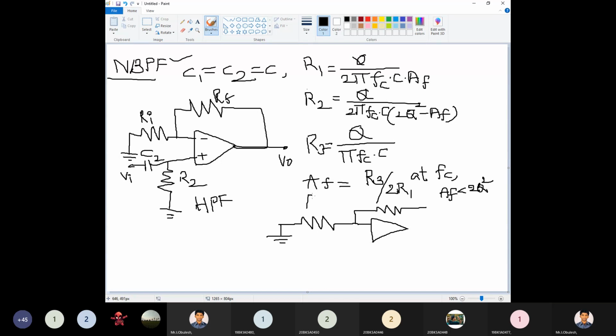This is the RI, RF, in the negative terminal, positive terminal.